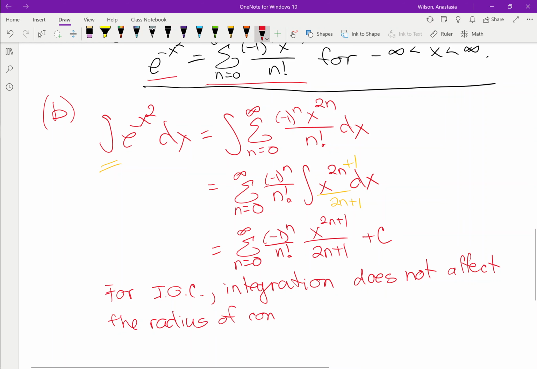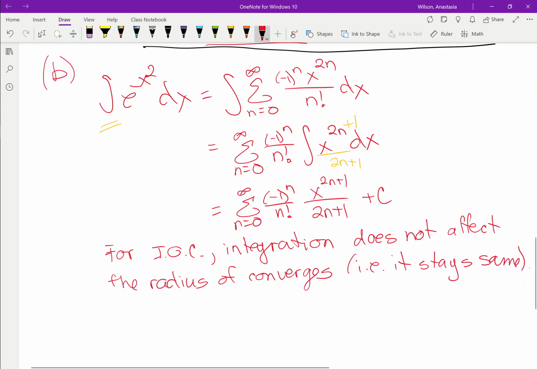So in other words, the radius of convergence stays the same. Remember that it is possible that the endpoints change, so similar to the substitution or composition that we saw in part A. The endpoints may change, so you'll have to check those individually if you have endpoints, but the radius stays the same, so the interior of the interval is going to stay the same.